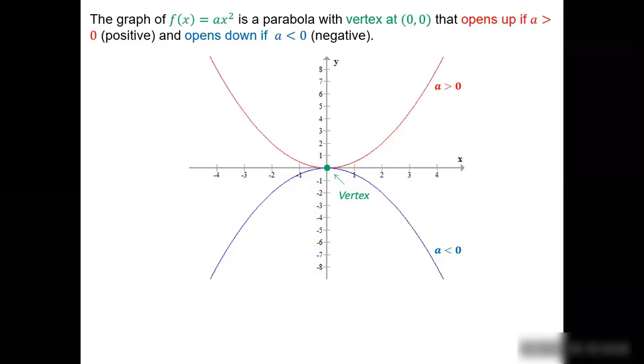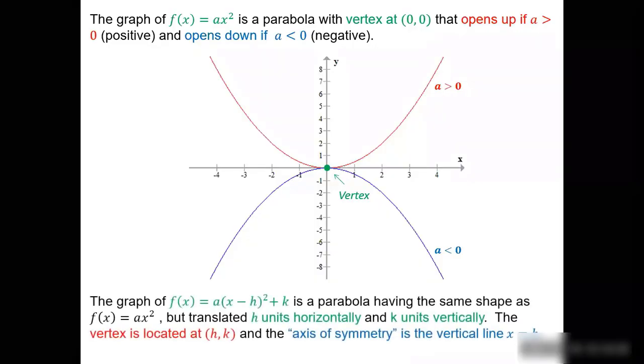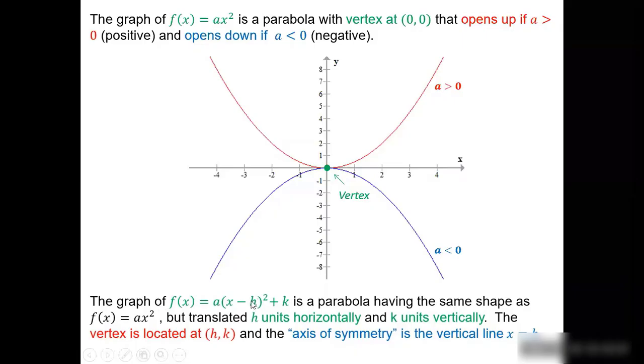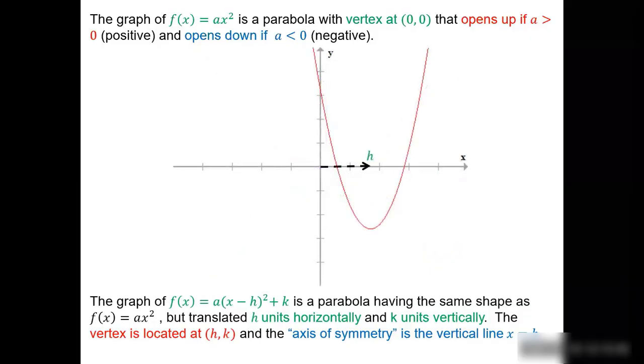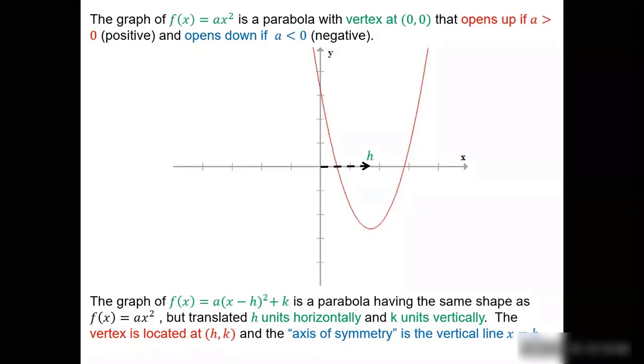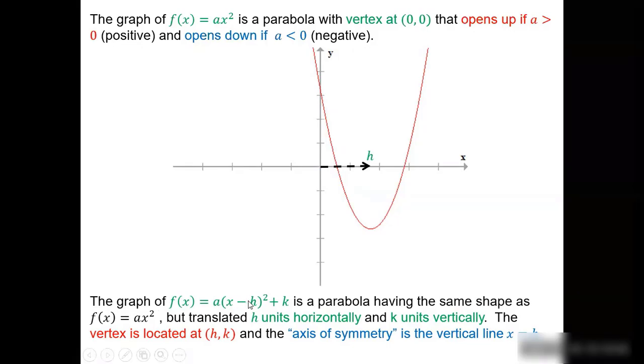Now, if you take a look at this vertex when I apply some sort of transformation to it, let's call that transformation x minus h, which would move it horizontally h units, and plus k, which would move it vertically k units, then notice that the vertex will now be located at the point (h, k), because it moved h units in one direction, let's say right, if h happened to be positive.